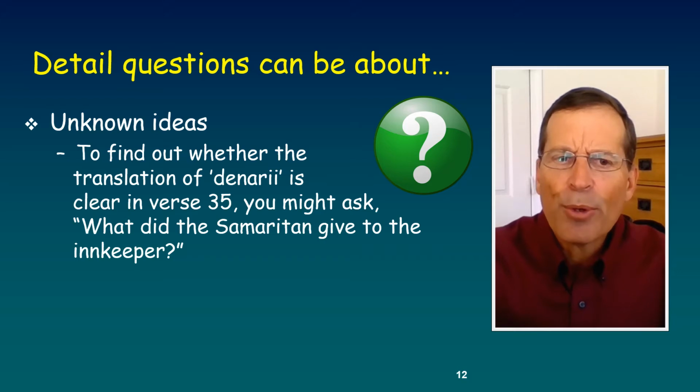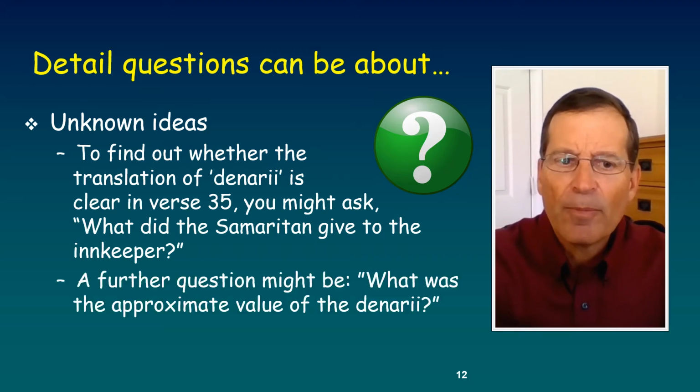Now, to find out whether the translation of denarii is clear, you might ask, what did the Samaritan give to the innkeeper? A further question might be, what was the approximate value of the denarii?